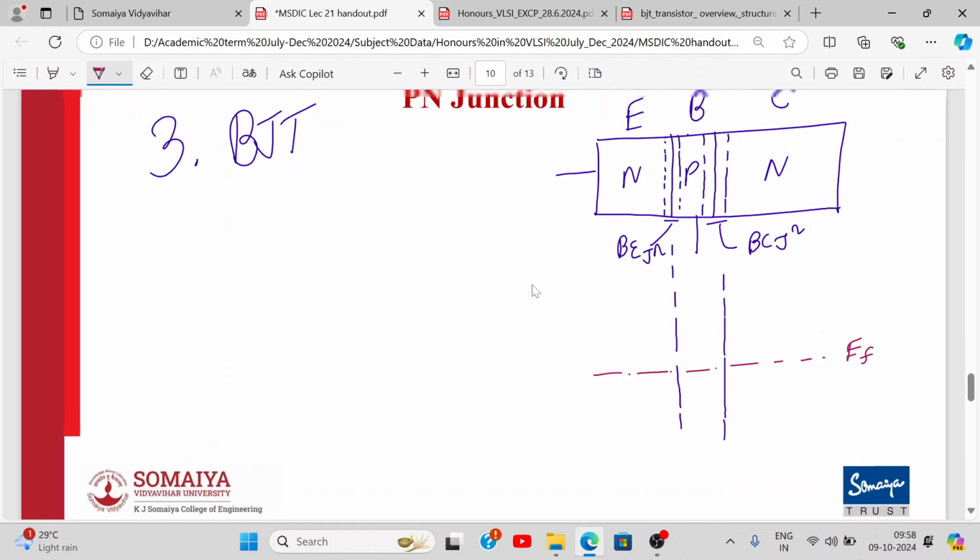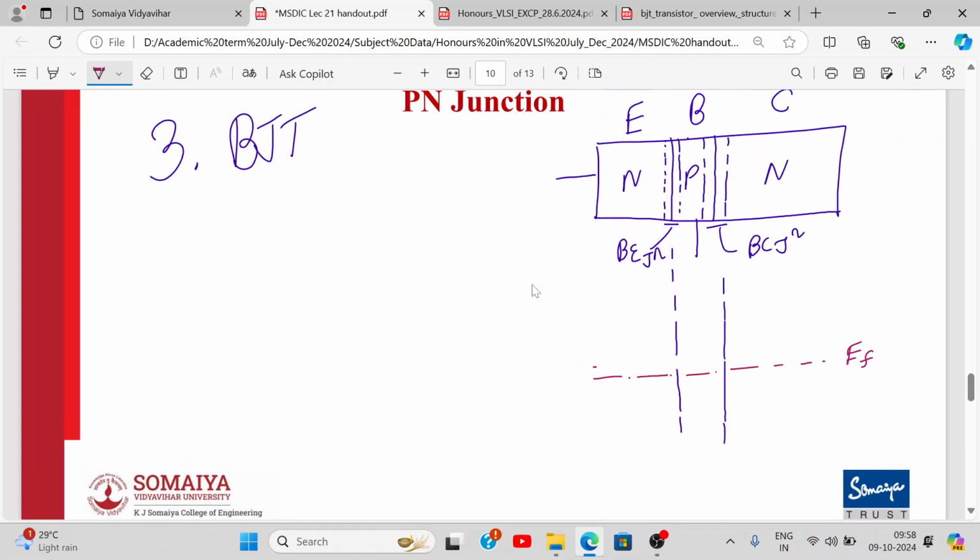Near the Fermi level, right? This is EC. This will be EV. Agree? Same thing is happening over here also. Here also the N region is closer. Here it is heavily doped basically, so here it will be a little bit away, like this.